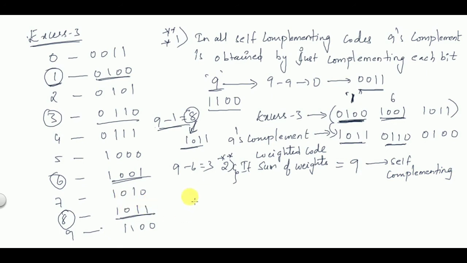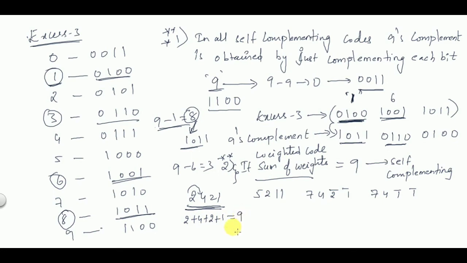Suppose you are given 2421, 5211, 7 4 2bar 1bar, or 7 4 1bar 1bar. These are all weighted codes. The sum of the weights for 2421 is 2 plus 4 is 6, 6 plus 2 is 8, 8 plus 1 is 9.